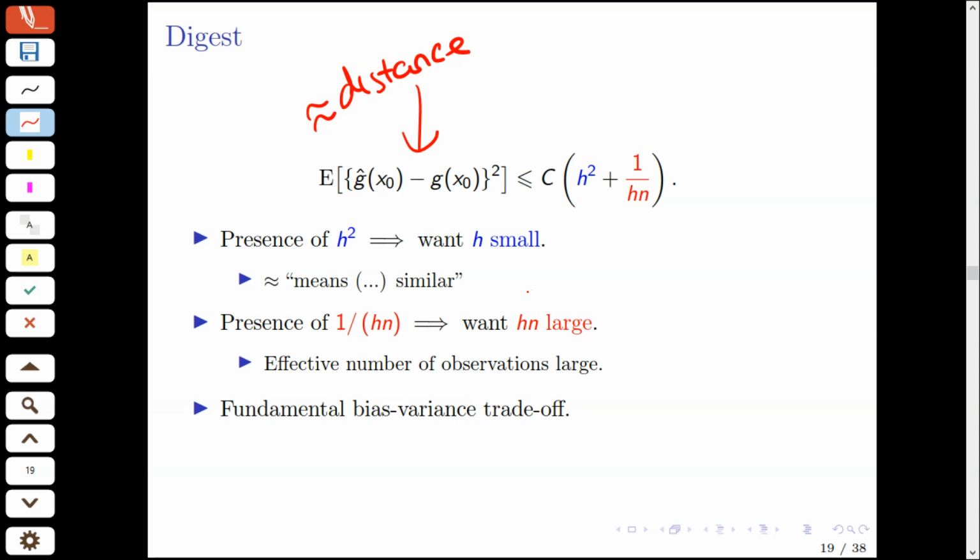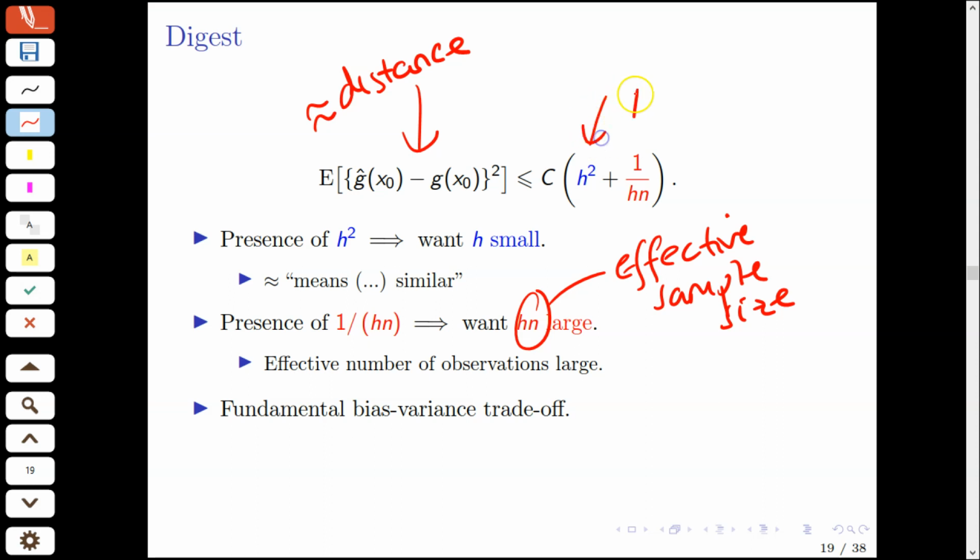Now n is our total sample size, and h is the radius in our window of opportunity. So loosely speaking, hn is our effective sample size. And what this condition that hn should be large means is that our effective sample size should be large. Now this goes towards ensuring that the variance in estimation is small.